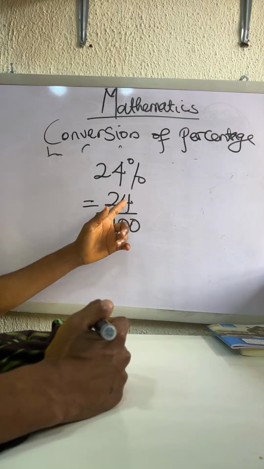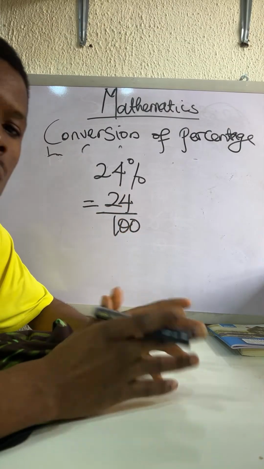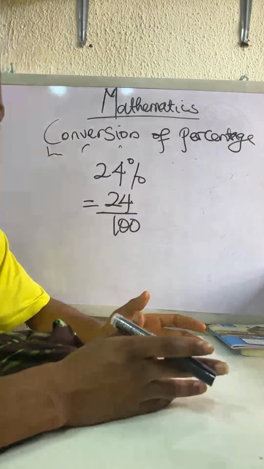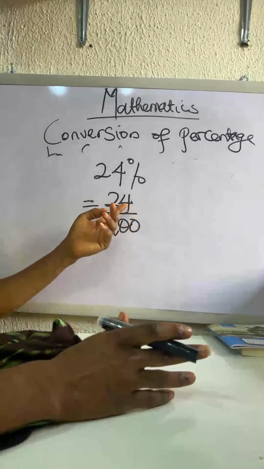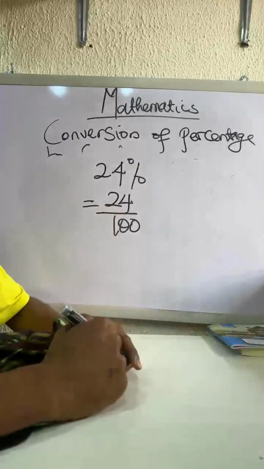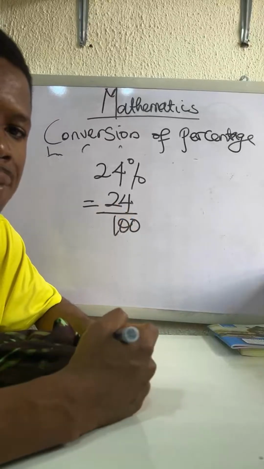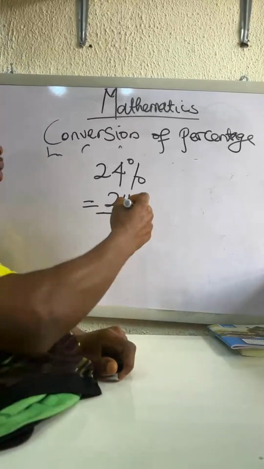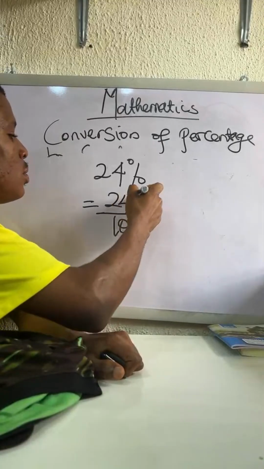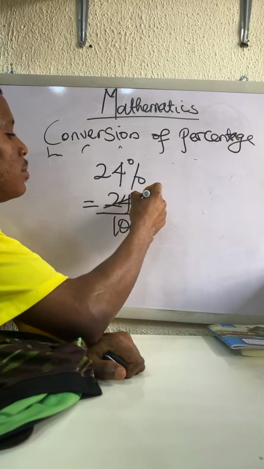You see that 5 cannot divide 24, so we won't choose 5. The next number we'll look at is 4. 4 can divide 24 and 4 can divide 100. When 4 divides 24, you get 6.